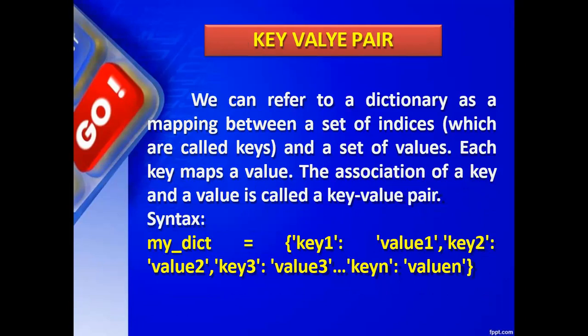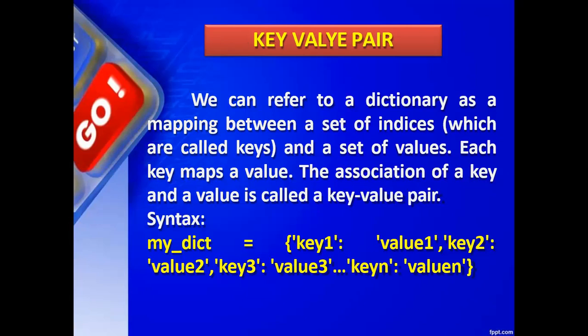Key value pair. We can refer to a dictionary as a mapping between a set of indices, which are called keys, and a set of values. Each key maps to a value. The association of a key and value is called a key value pair. One example is given over here. MyDict, that's the name of the dictionary.